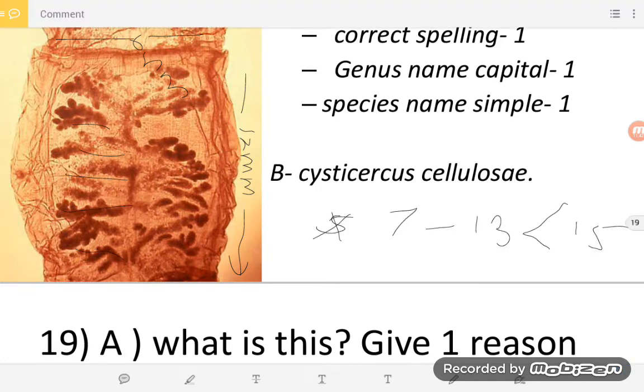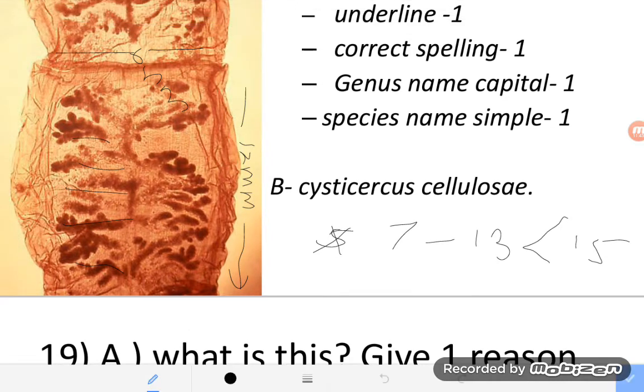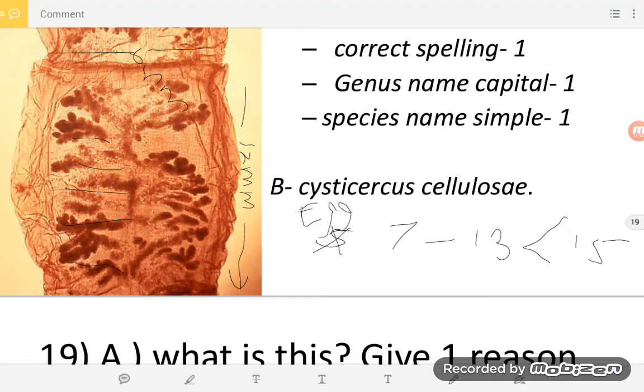The infective stages in Taenia solium are the Cysticercus cellulosae and also the egg, right? If the Cysticercus cellulosae larva infects, it becomes an adult and produces the disease taeniasis.